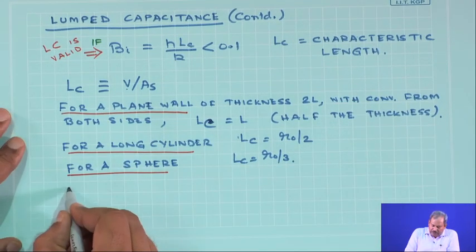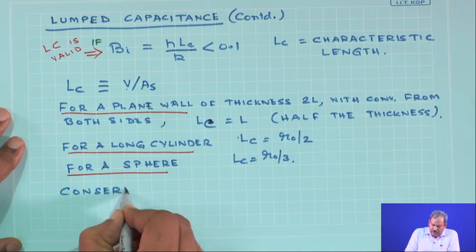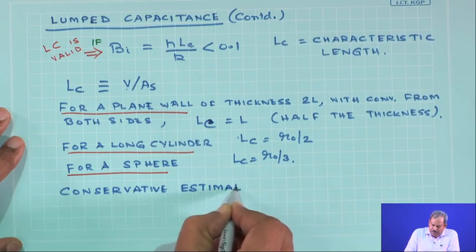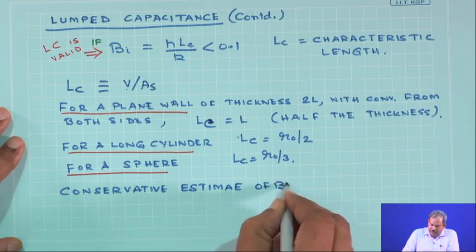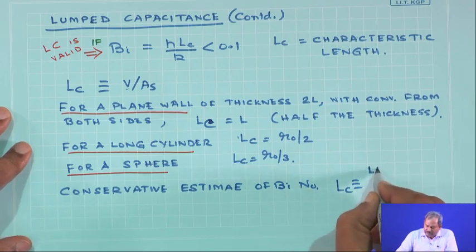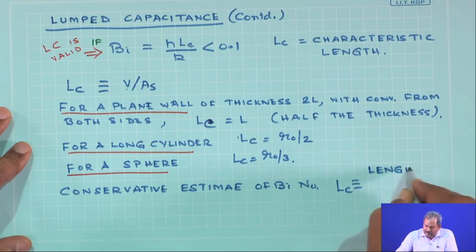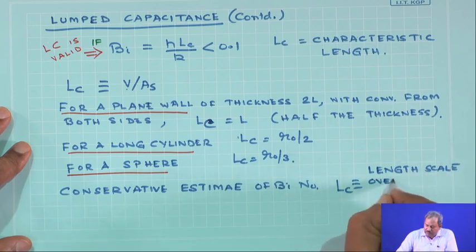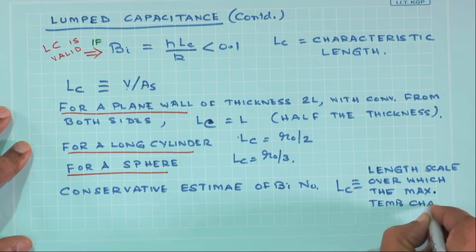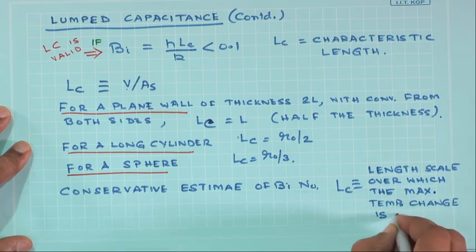However, for a conservative estimate of the Biot number, Lc is defined as the length scale over which the maximum temperature change is taking place.